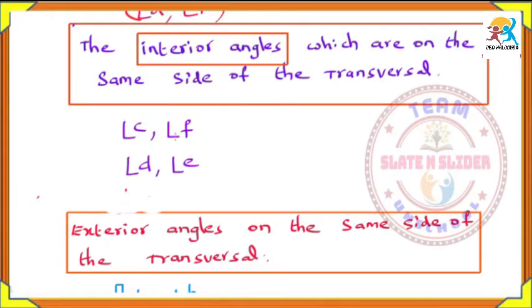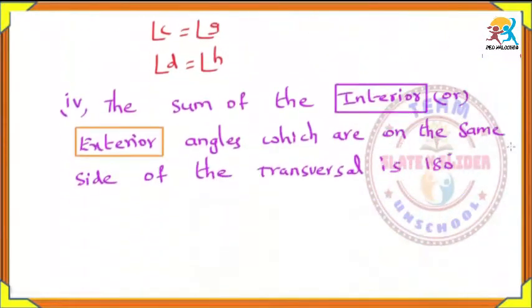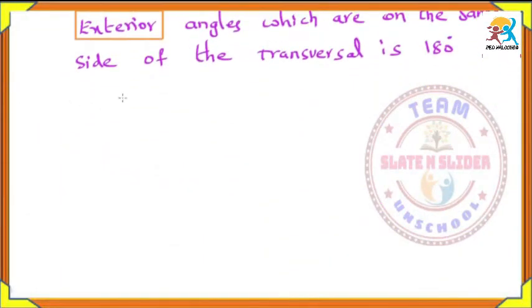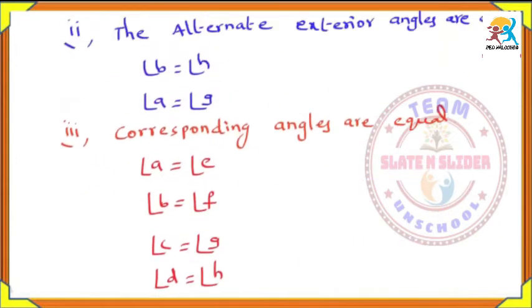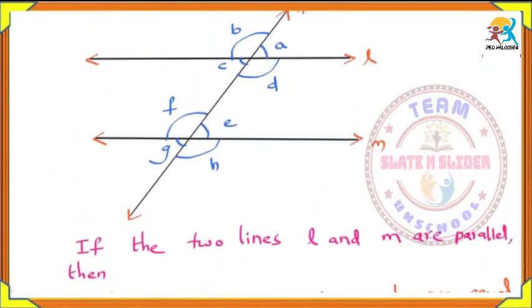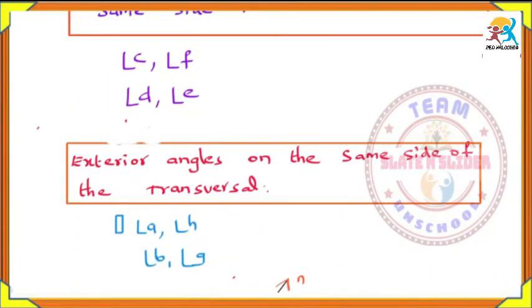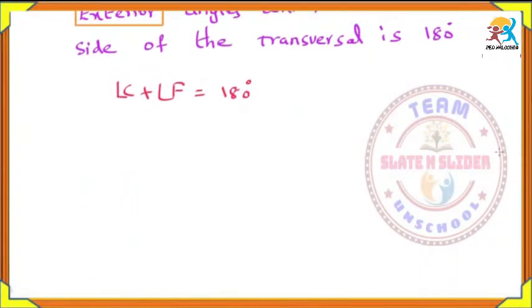They are angle C and angle F. So here if the two lines L and M are parallel, then definitely angle C plus angle F is equal to 180 degrees. That we have to write. So angle C plus angle F is equal to 180, and angle D plus angle E is equal to 180. This is about the interior angles.